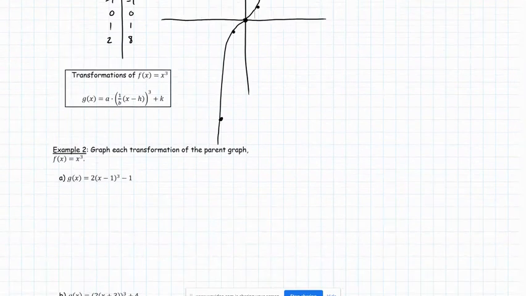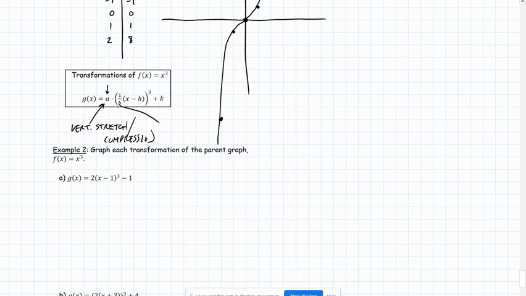Okay, so what we're going to look at is when we transform this function, we can transform it by putting a multiplier in front that would cause vertical stretch or compression. B is inside the part that's being cubed.